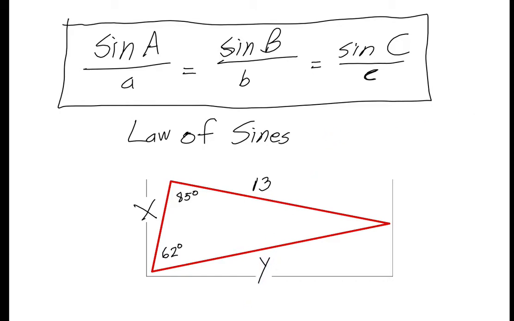Well, because I know two of the angles, I really know all three. These two angles add up to 147, which means I've got 33 degrees left to put in that angle. And now my law of sines says the sine of 85 degrees divided by the side that's across from it, which is y, has to equal the sine of 62 degrees divided by the side across from it, which is 13.